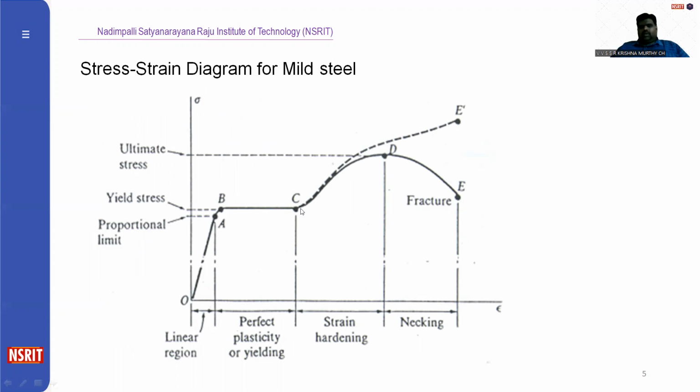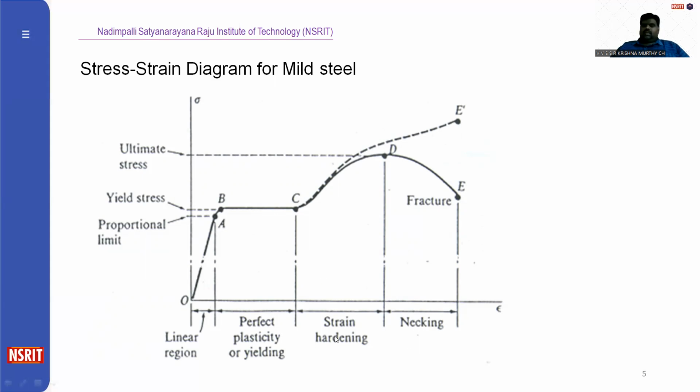After that, it goes to a point called strain hardening, and with further increase of load, it goes to a maximum point, the ultimate stress. Up to that position it will be okay; after that, there may be chances of failure.